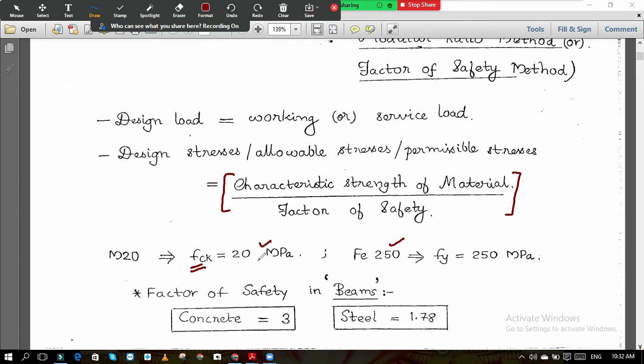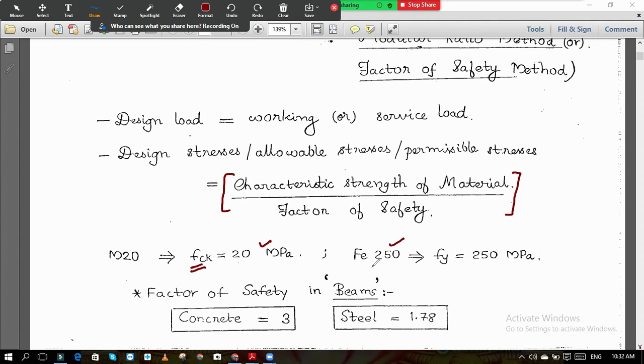Okay. Now see, for M20 concrete, fck is 20, and for Fe 250, fy is 250. This we already know. What are the grades of cement now? For concrete there is M5, M10, M15, M20, M25, M30, and so on.